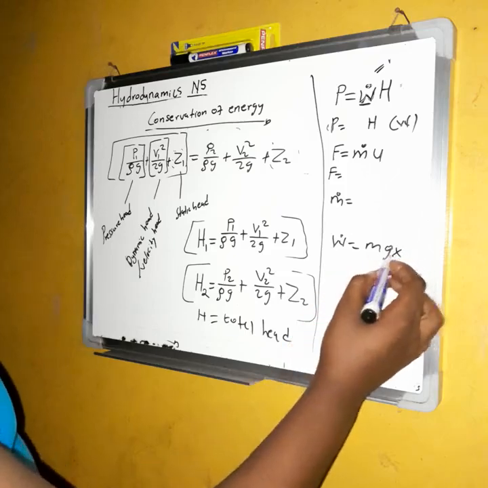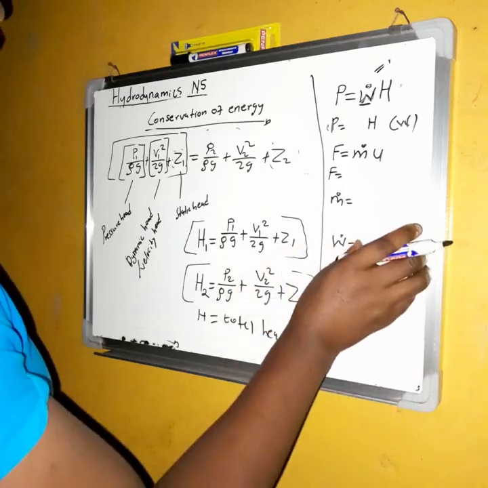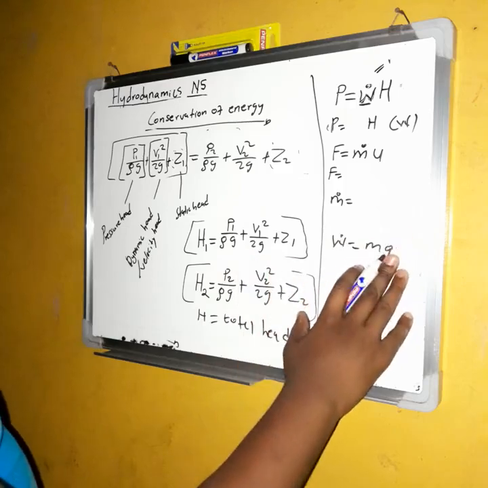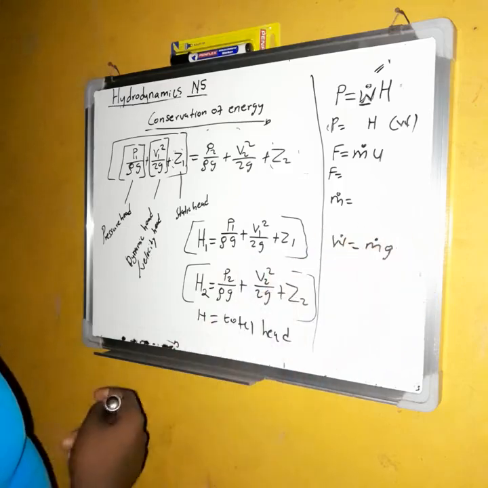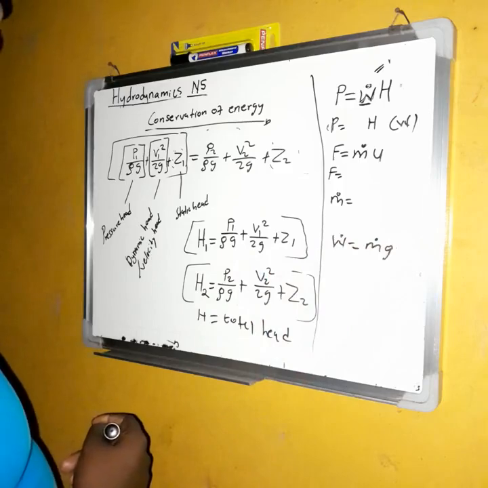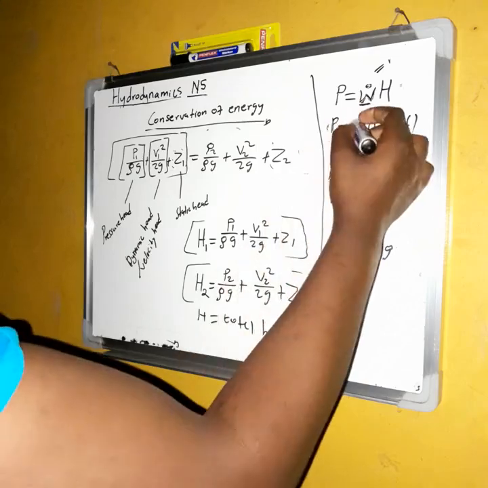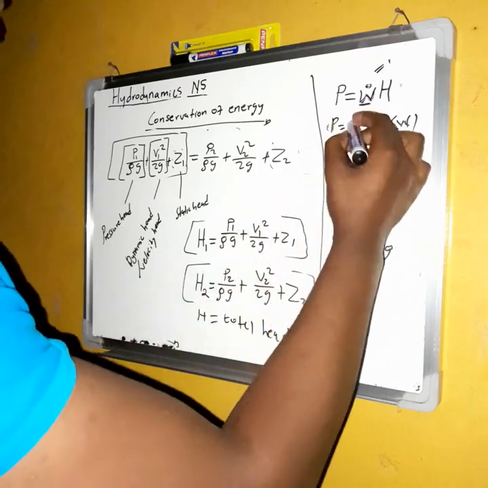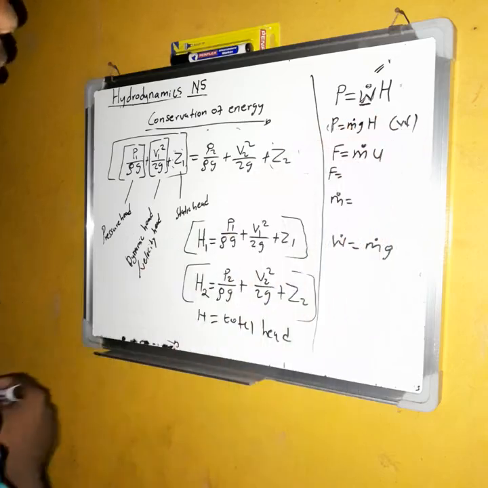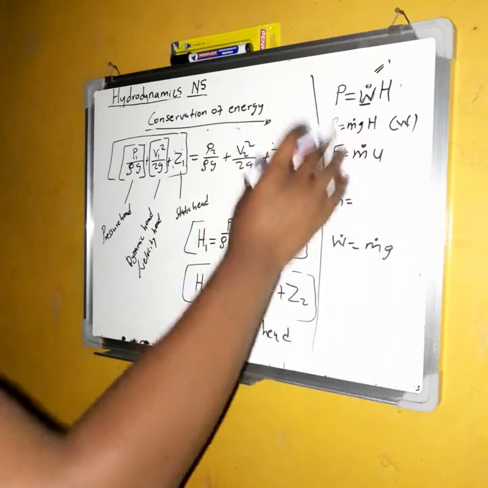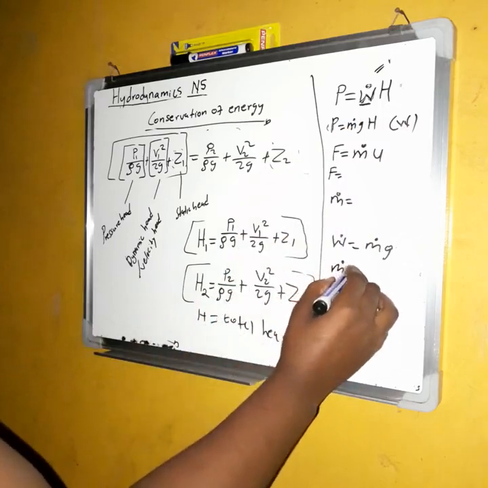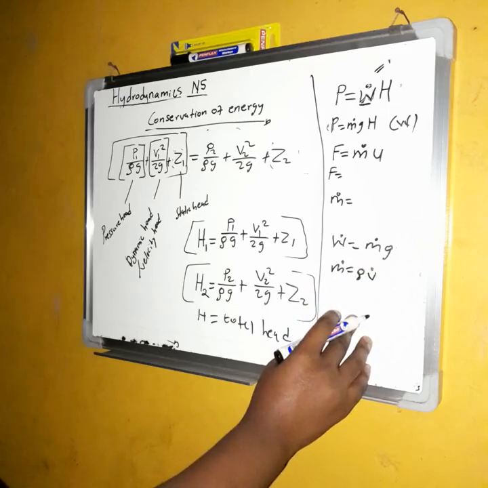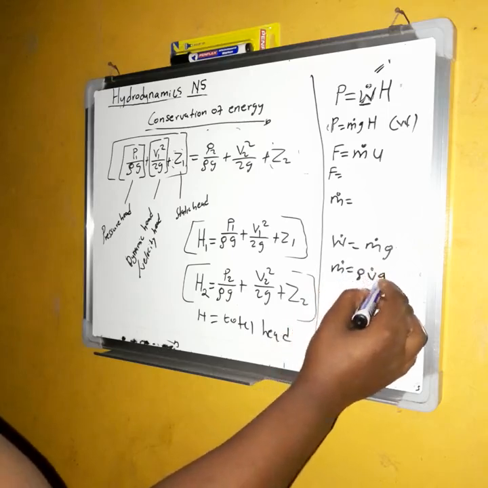This is the weight, but this must be mass flow multiplied by g. That is the weight. What is mass? Mass is density multiplied by volume.